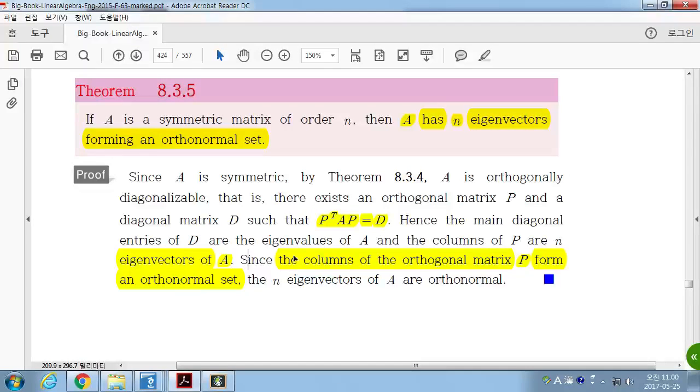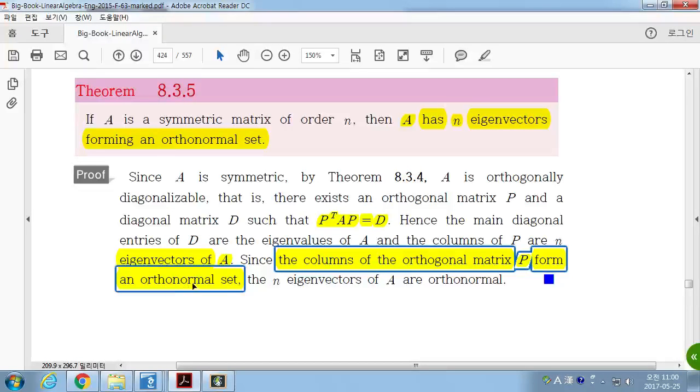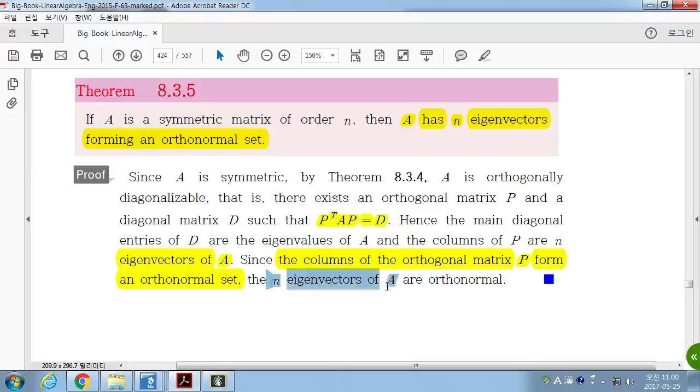So the column vectors of orthogonal matrix P are all eigenvectors of A. So you have an orthonormal set of eigenvectors. That's what it says.